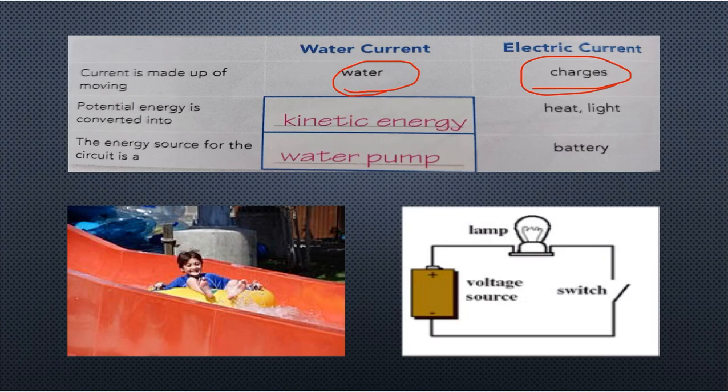Potential energy is converted into kinetic energy in the water slide, kinetic energy that causes the water to move, but here in electric current, if we have, for example, a light bulb, it will be translated into heat or light energy. Number 3, the energy source for the circuit. For the water current, the water pump is used to supply water, which is the source of water, right? But for electric current, what is the source of charges? This is the battery.